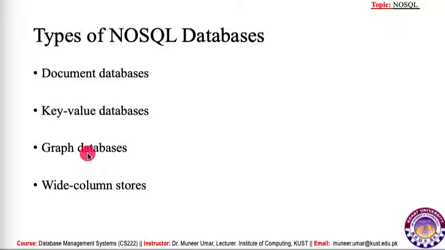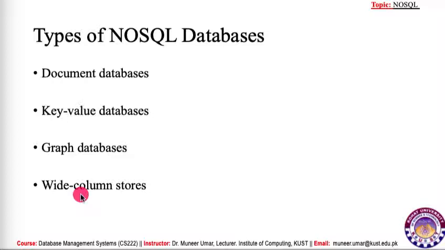On nodes, we will have data, and on edges, we will know the relationship among these nodes. Graph databases excel in use cases where we need to traverse relationships to look for patterns such as social networks, fraud detection, and recommendation engines. Then we have wide column stores.